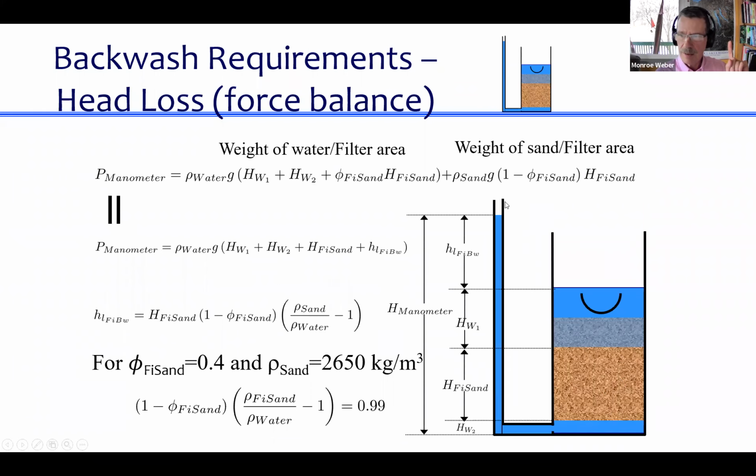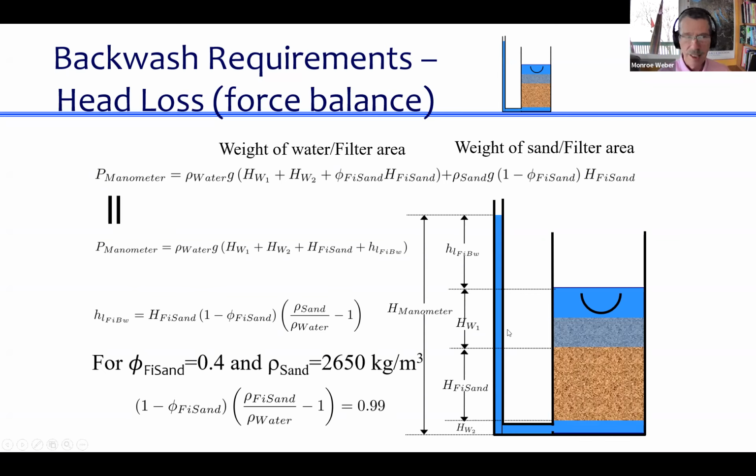And then second, by going down through this manometer. And maybe what's not clear here is somewhere there's some water entering underneath this filter that is pushing water up through the filter. So water is flowing, but we can still use this statics argument to figure out what the pressure must be at the bottom of the filter.